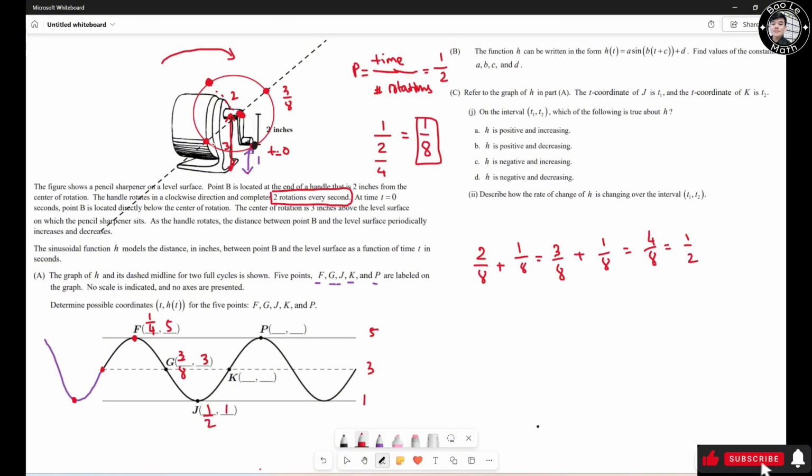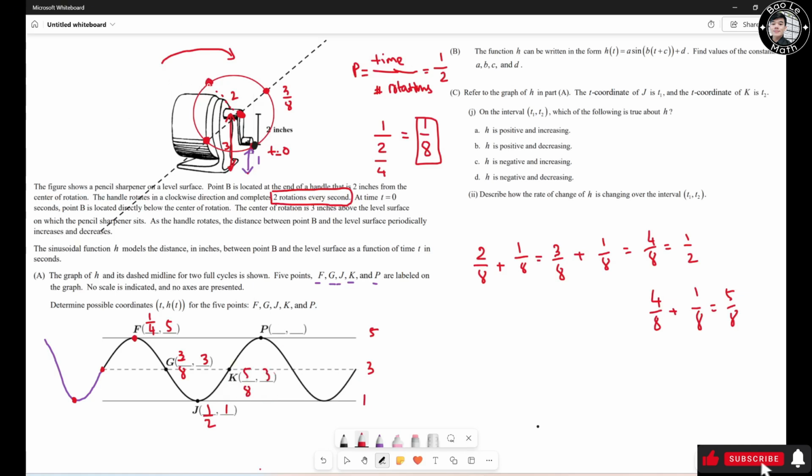Now when it goes back over the midline, you keep adding 1/8. Since I have 4/8 right here, I just use 4/8, I'm not going to use 1/2, because 4/8 is actually 1/2. Now I keep adding 1/8, so it could be 5/8. So right here should be 5/8, the midline, and the height should be 3.